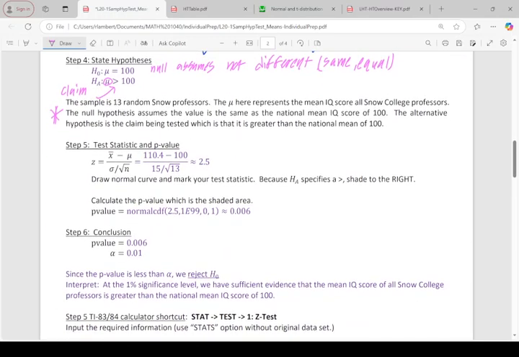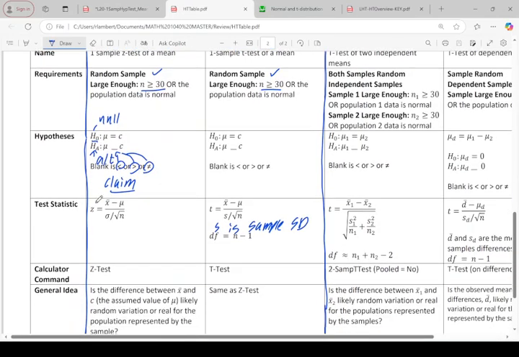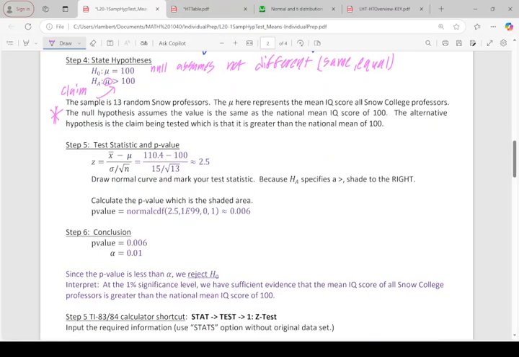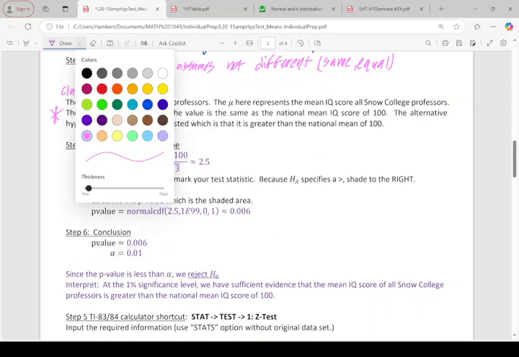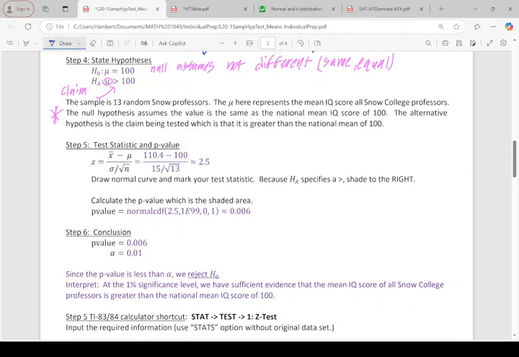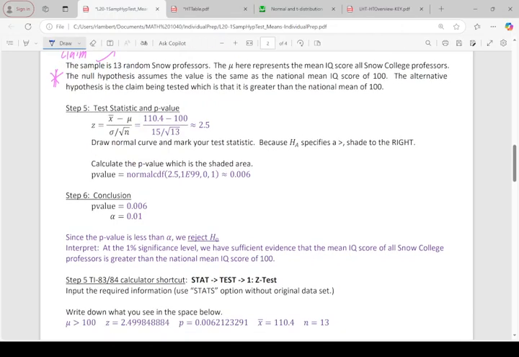Since we're doing a z-test, we can use this z-score formulation and plug in the numbers and calculate a z-score of 2.5. We're going back to blue. What does this actually mean?